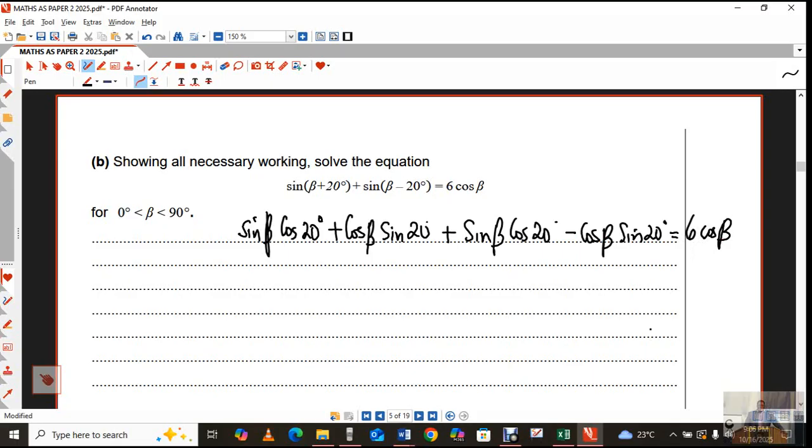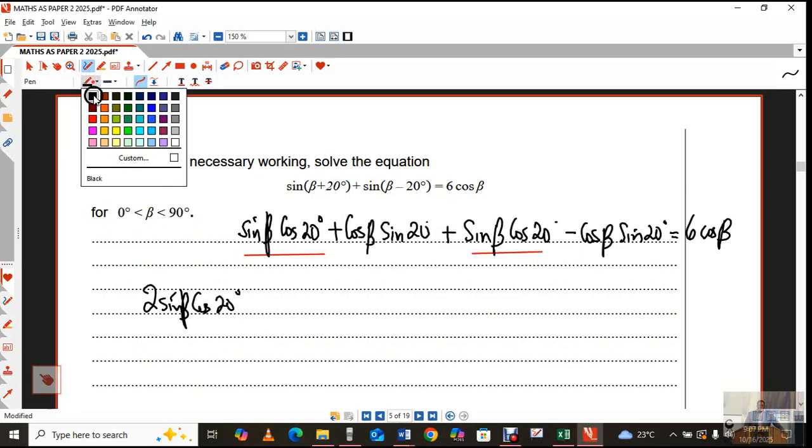Okay. Now, let us see. If you look closely, you see this term here, sine beta cos 20, and this one here, sine beta cos 20. They are like terms, so that is 2 sine beta cos 20. Are we together so far?